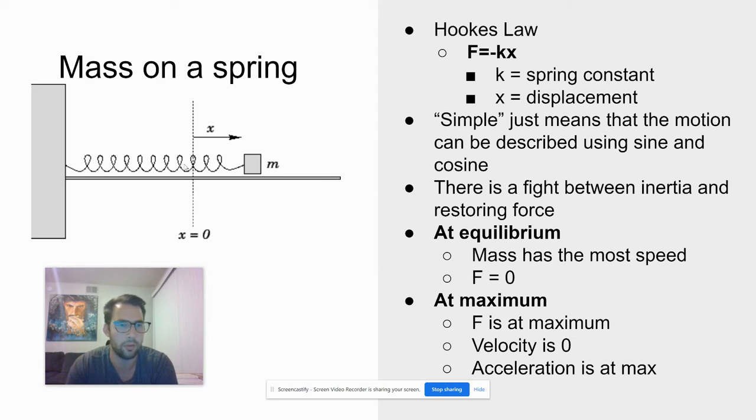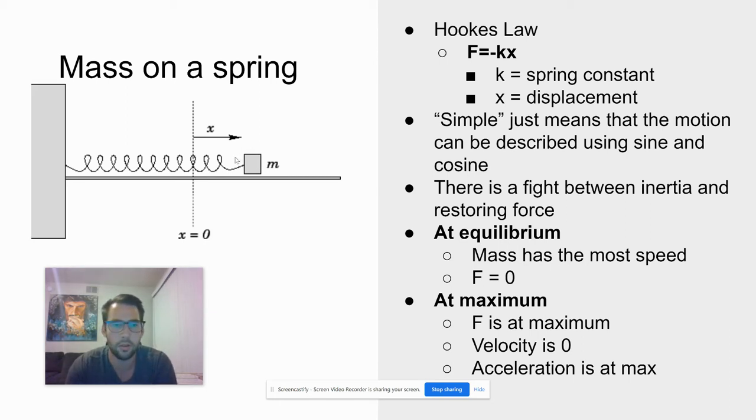Once it passes through equilibrium, it's going to slow down because the spring is now compressing and a new restoring force is going to try and push it back towards equilibrium. When the mass is at its farthest distance, the restoring force is going to be the maximum. The restoring force has to deal with the distance, so if the distance is maximum, so is the force.